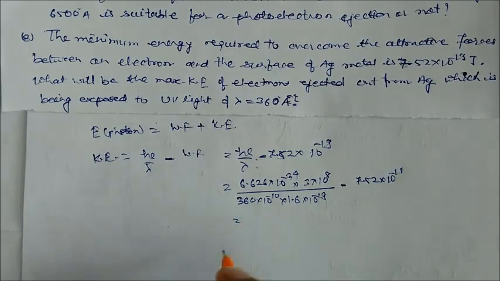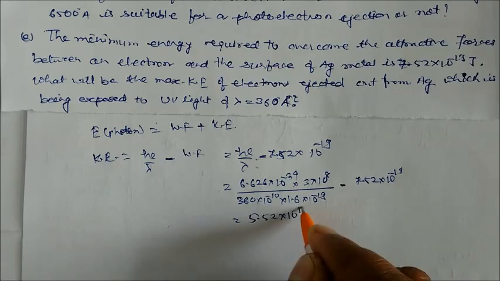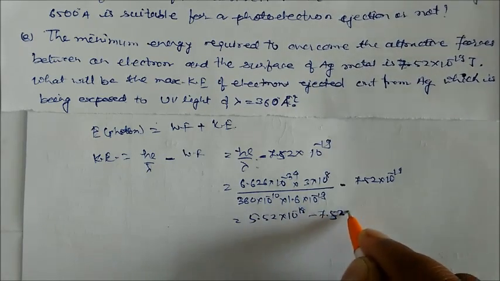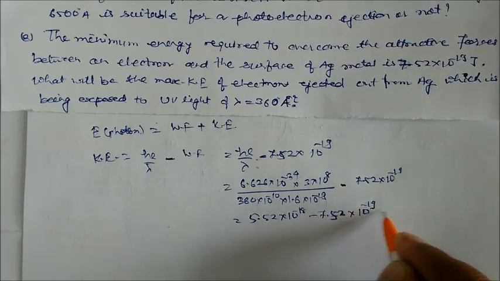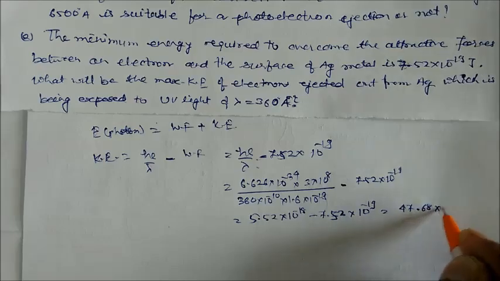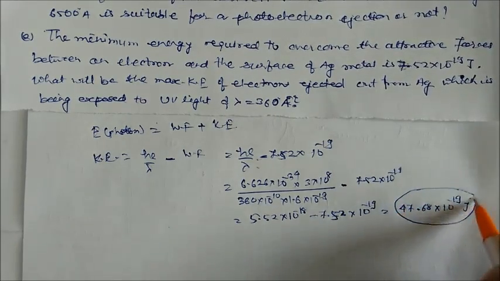So on solving this we will get 5.52 into 10 to the power minus 18 minus 7.52 into 10 to the power minus 19. So on solving we will get 47.68 into 10 to the power minus 19 joule. So this is our answer.